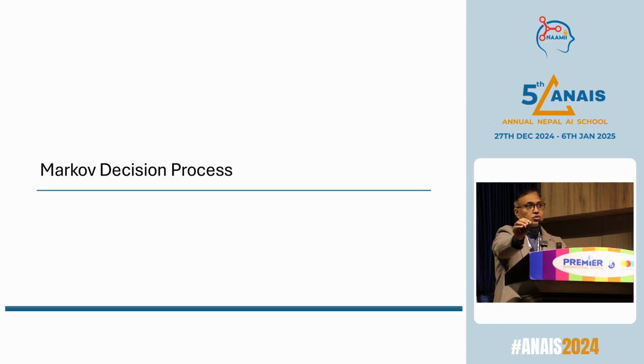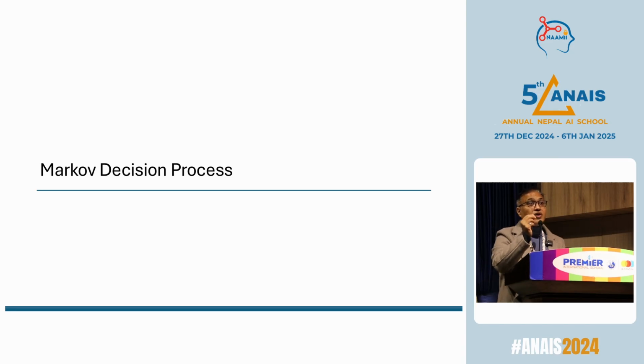Whenever I want to solve a problem P using reinforcement learning, I try to map this problem into an MDP. If I map this problem into an MDP, then it will be easy for me to solve it using reinforcement learning. Once you solve the MDP using reinforcement learning, then you are done with the bigger problem itself.